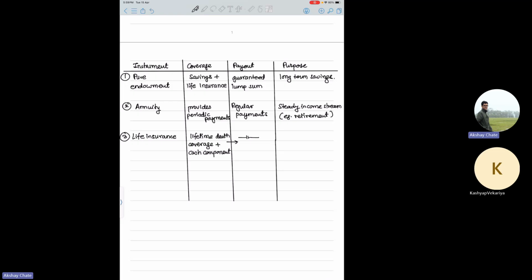So the primary purpose of this is protection for dependents. Okay. So in case some untoward incident happens, you should have some protection for your loved ones.